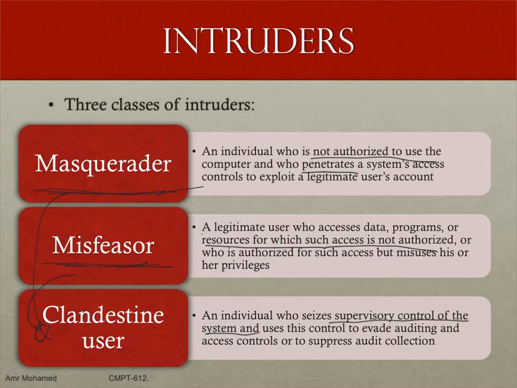He tried to analyze the difficulty of detecting different types of intrusions according to these categories. And the conclusion was that a masquerader is easy to detect, in a way. Misfeasor, well, it's easy if we use very sophisticated techniques, but it's not straightforward.